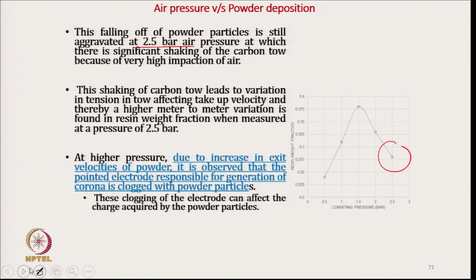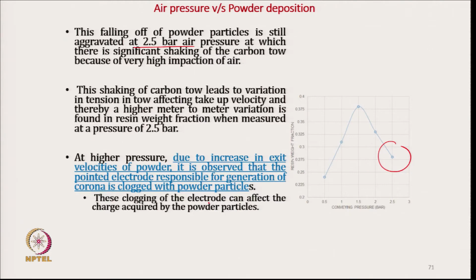At higher pressure, due to increase in exit velocity of the powder, it is observed that the pointed electrode responsible for generation of corona gets clogged with the powder particles.